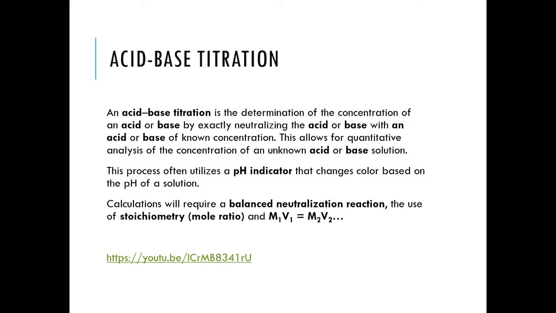That is the same exact equation that we use for dilutions, except this isn't a dilution. It's not initial molarity and final molarity. It's actually the molarity of the acid and the molarity of the base, and the volume of the acid and the volume of the base. We use this to balance this out.